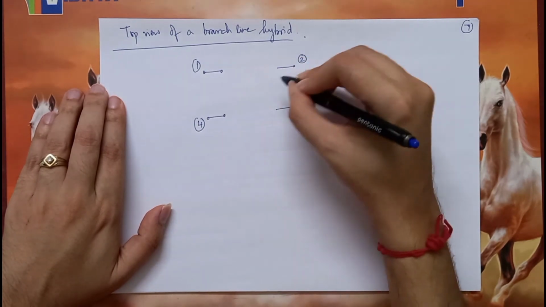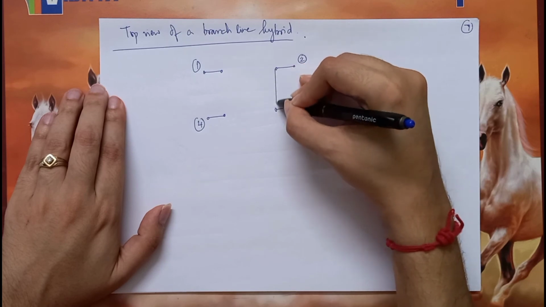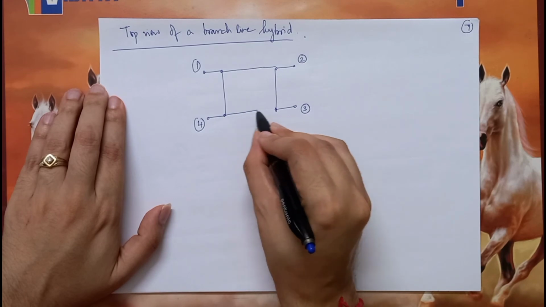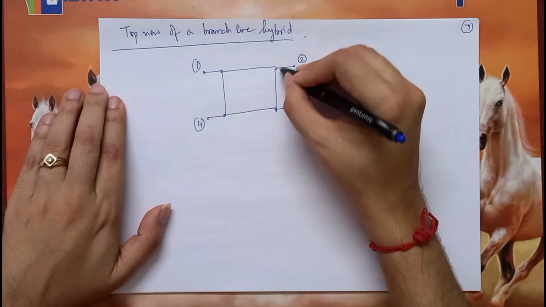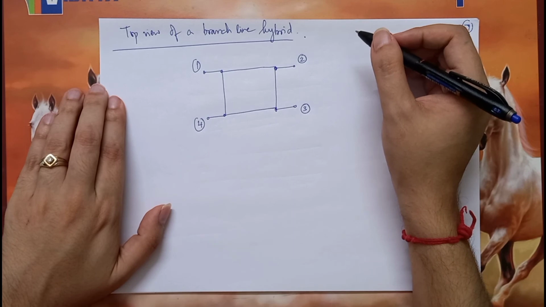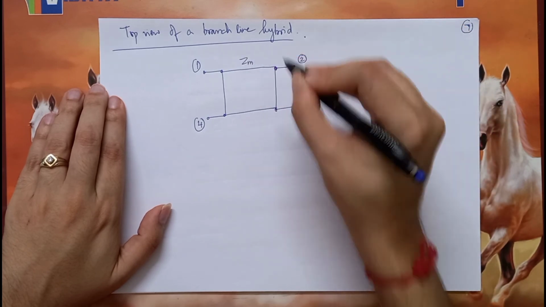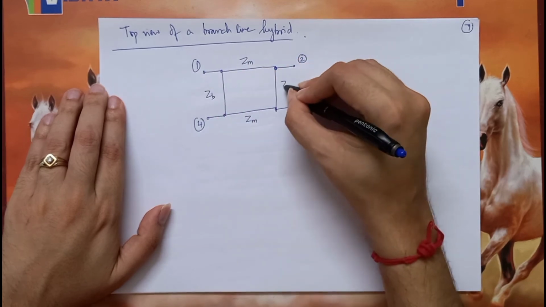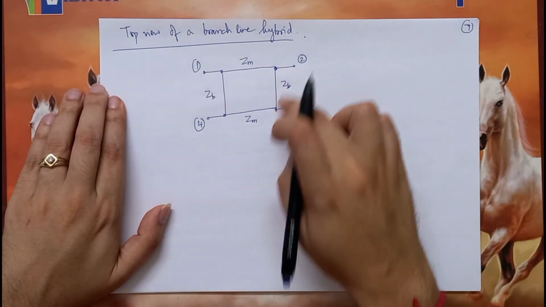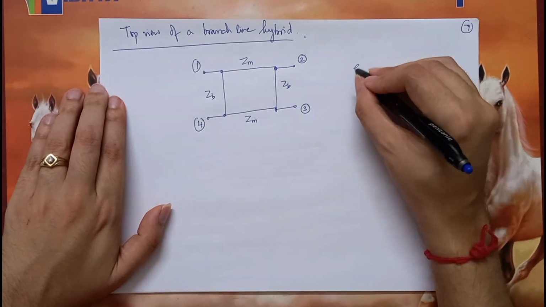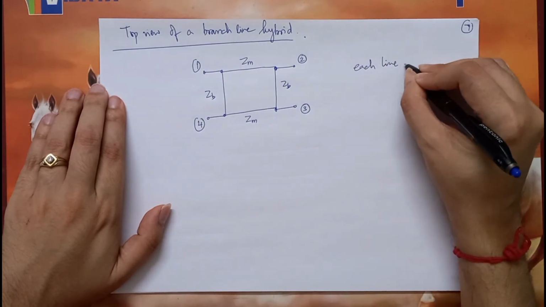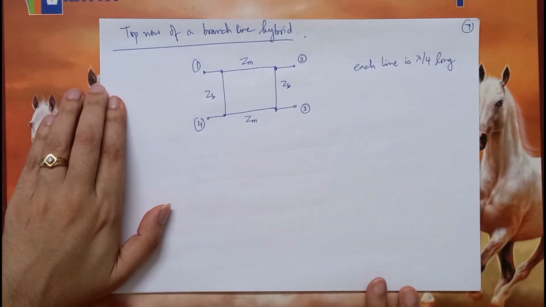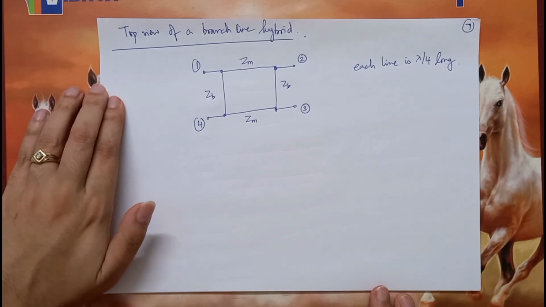So therefore, let us say the impedance of this is Zm, this is Zm, this is Zb, and this is Zb. And the length of each line is lambda by 4. Each line is lambda by 4 long.